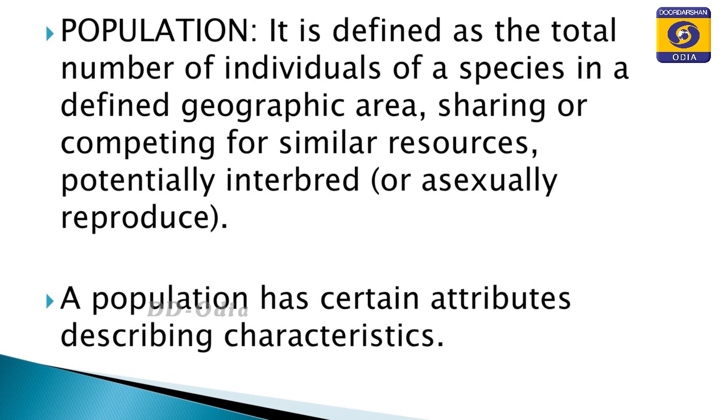So, if we go for a simple definition, we shall say in a given area at a given time, if we see the individuals of only one species, then we refer to it as a population.